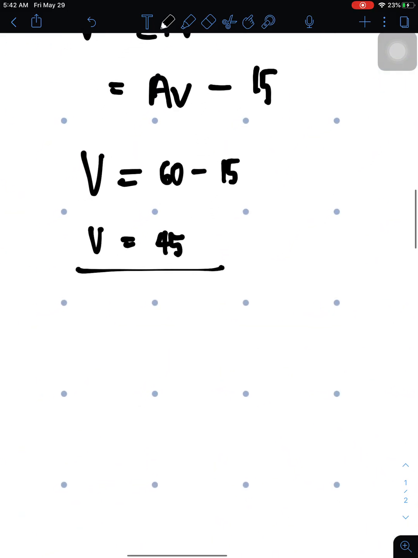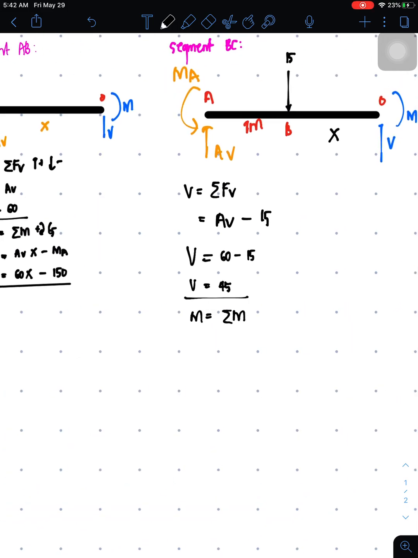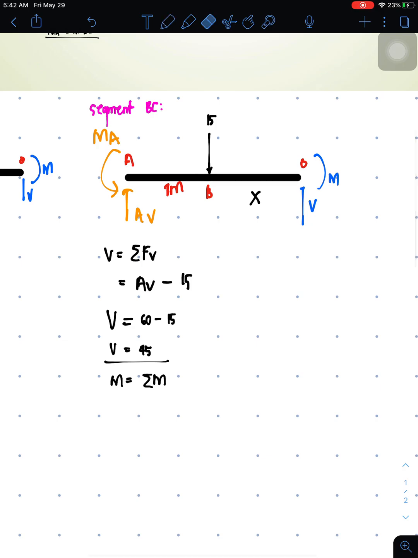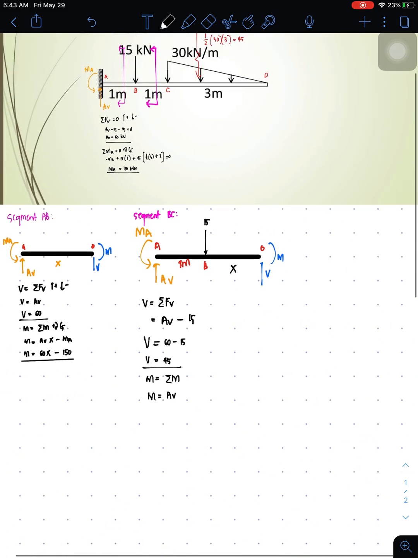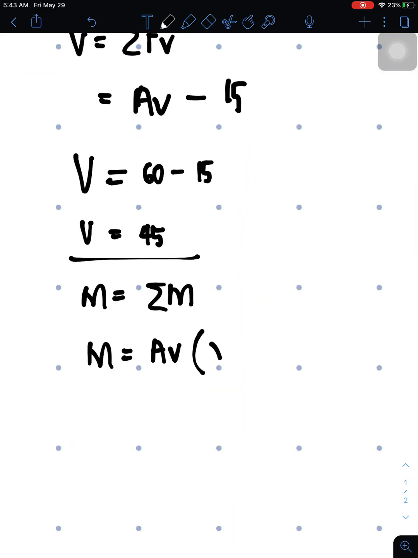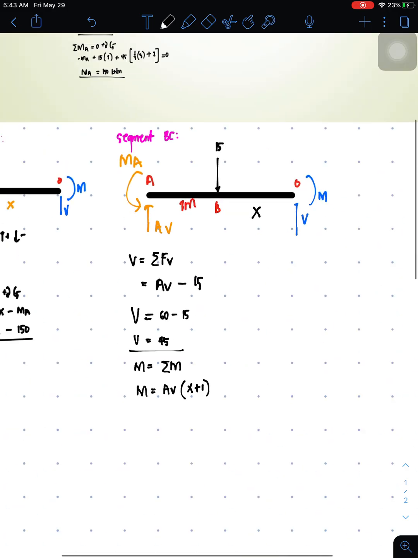This is our shear equation. Next, moment equation. So M is equal to the summation of moment, and we're going to take moments at the point of cutting here. So M, let's start with AV. AV, rotation of AV, this one, with respect to point O, is clockwise, and the moment arm is 1 plus X. So you have 1 plus x or x plus 1.